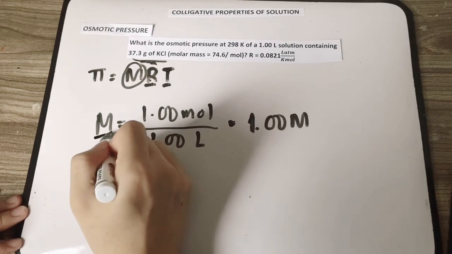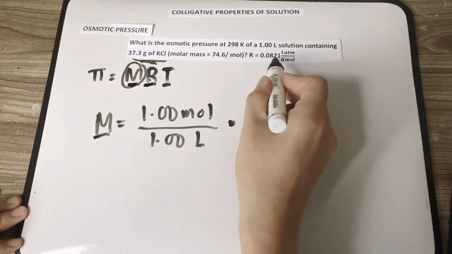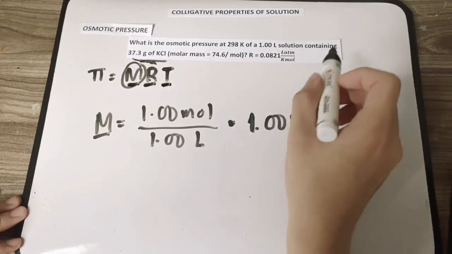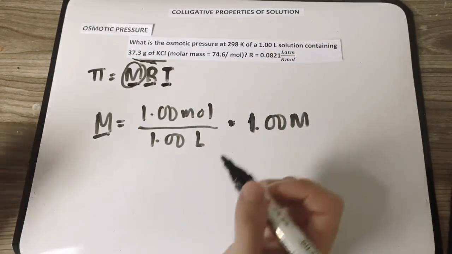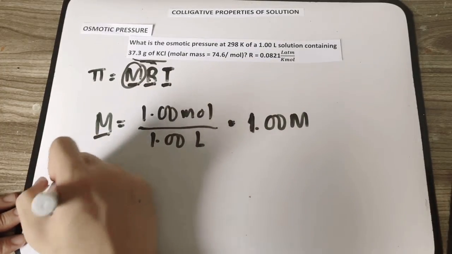Now that we have the molarity, we can now solve for our osmotic pressure. We're just going to substitute the values of the givens into our equation.